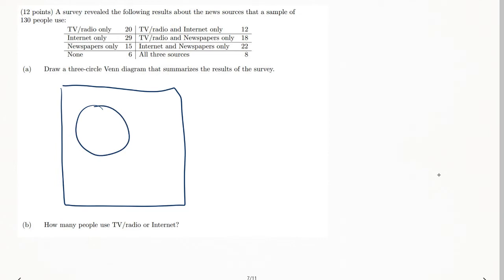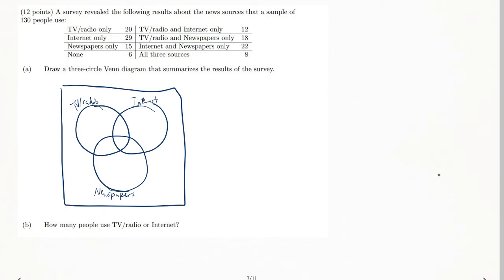You can see they have all 3 sources. In this Venn diagram, though, there's really not much work to be done. So first off, we have TV, radio is one possibility. You have internet, and then you have newspapers.